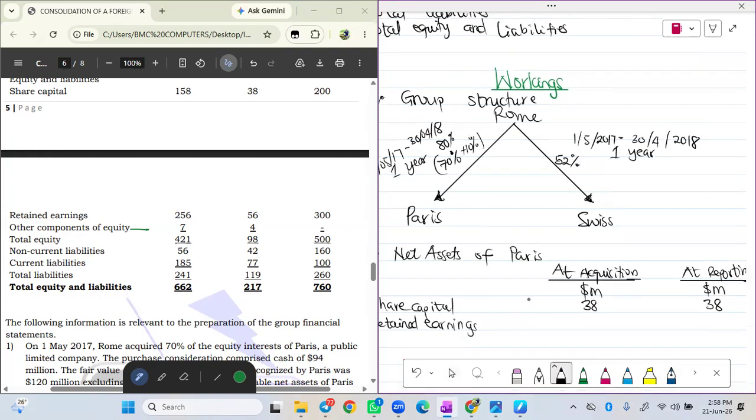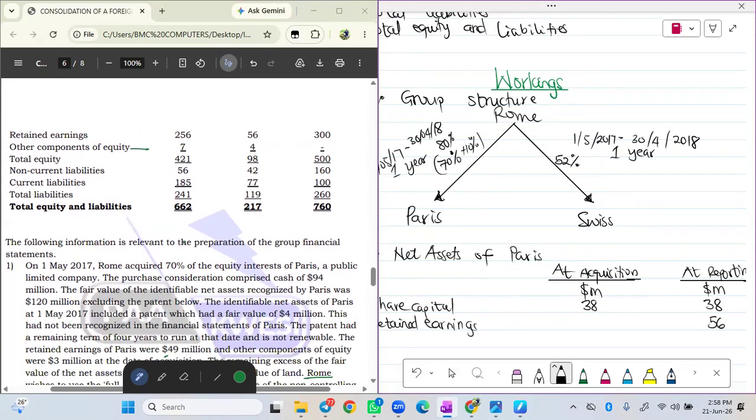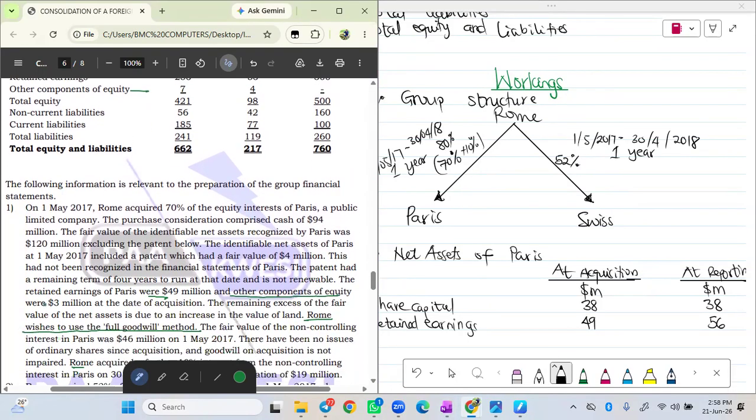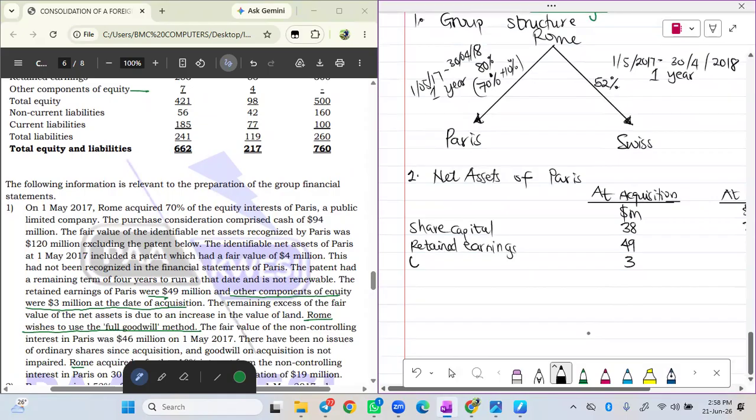At acquisition it is in additional information 1. On 1st May, what was the retained earnings of Paris? They said the retained earnings were 49 million. Then the other components of equity on that same acquisition date were 3 million.